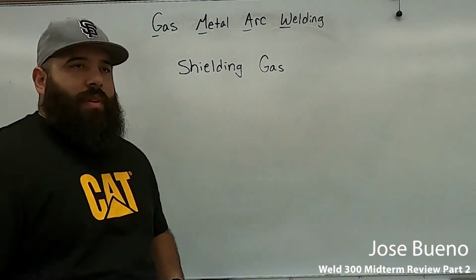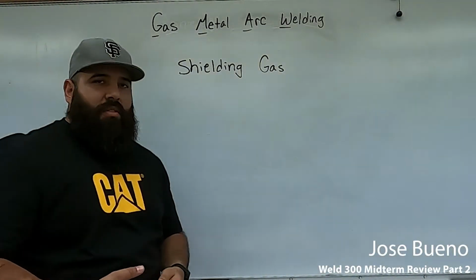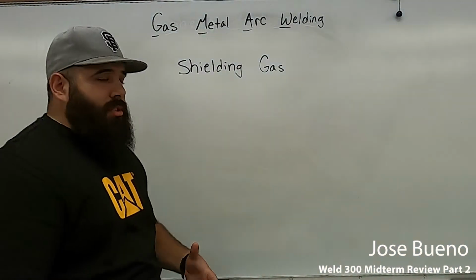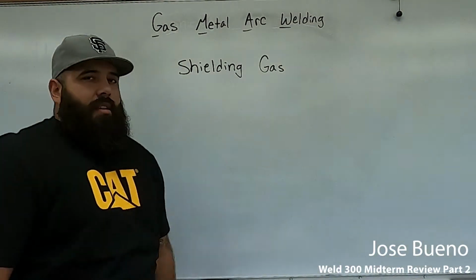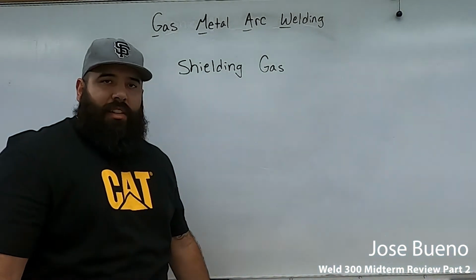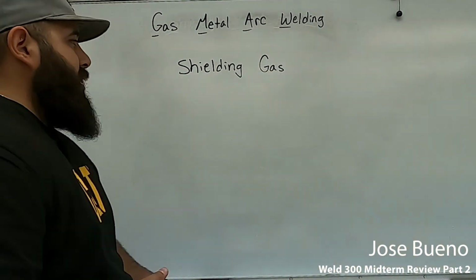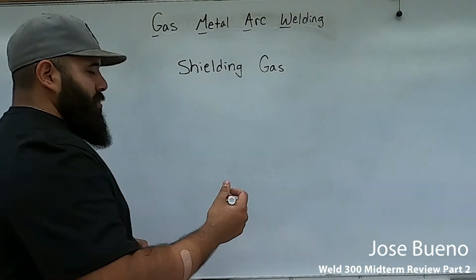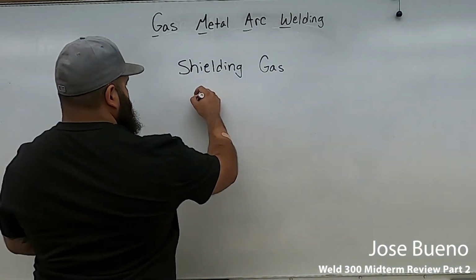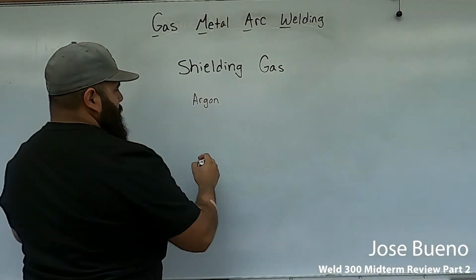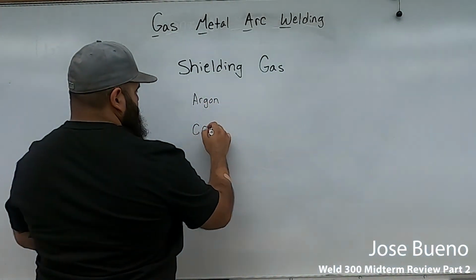So that means we need to have our shielding gas provided by some other auxiliary source. And so that's where we have cylinders with compressed shielding gases. Now there are a few different shielding gases that we can use with GMAW. One of them that we'll talk about is argon. And another one that we're going to be talking about is CO2.